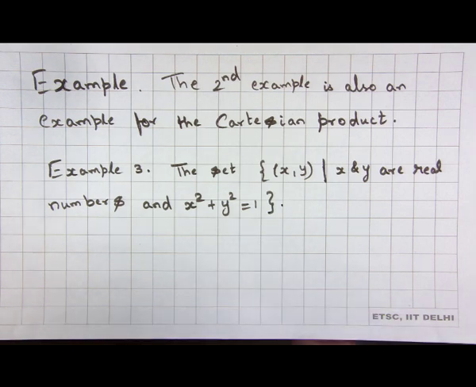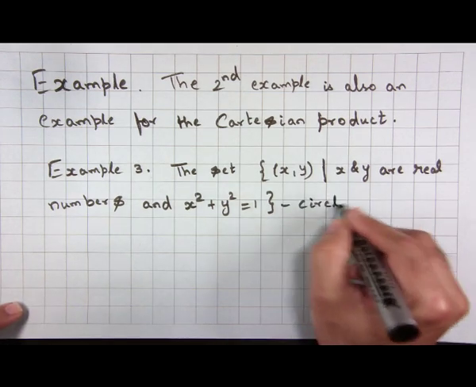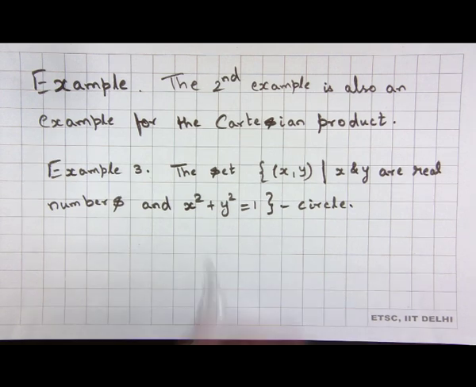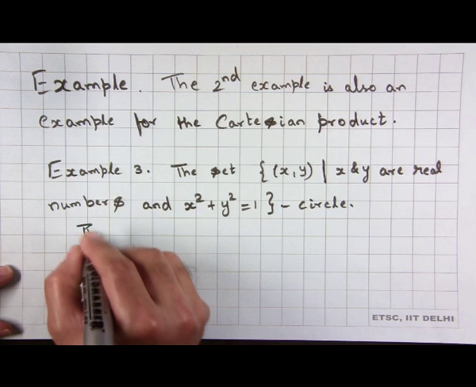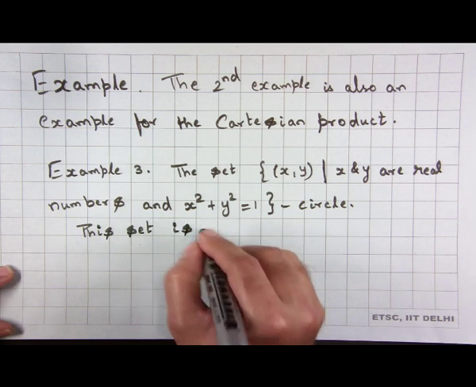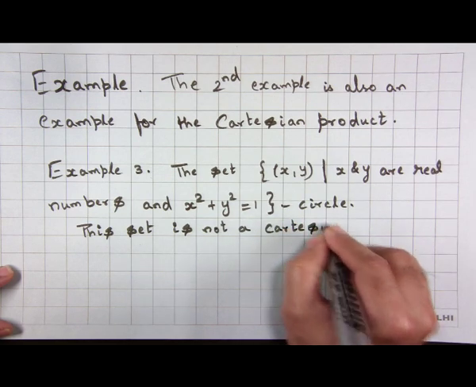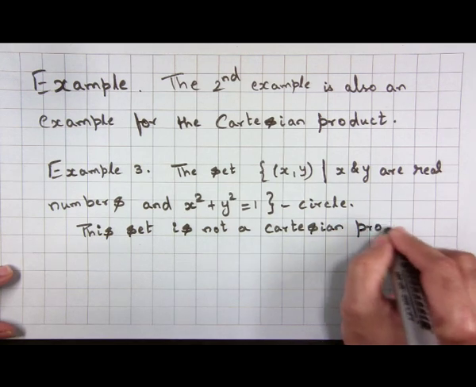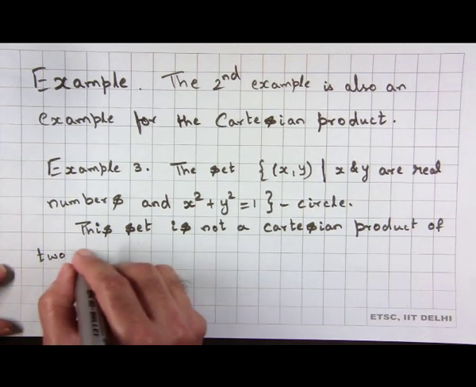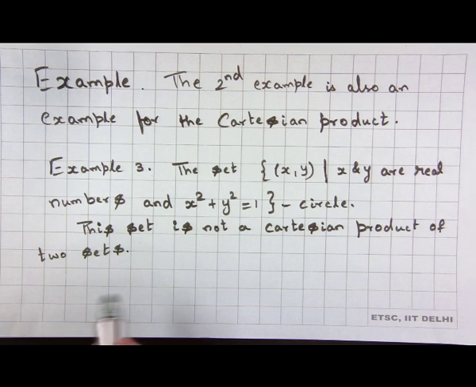First thing that we will have to see is that this set, well, we know that this is a circle, this is what we observed in the last example. This set is not a Cartesian product of two sets. That is one of the observations.